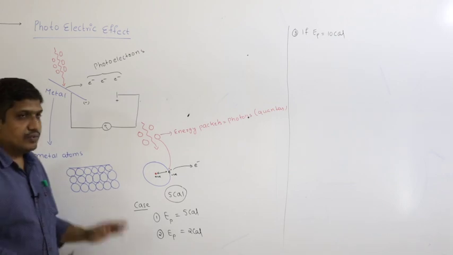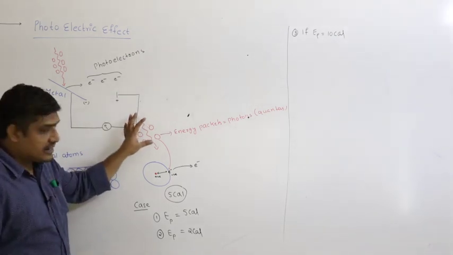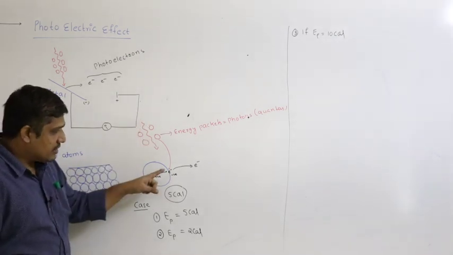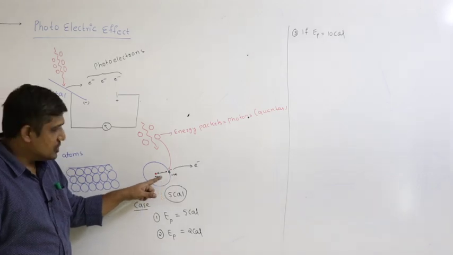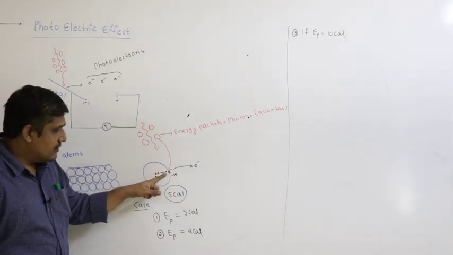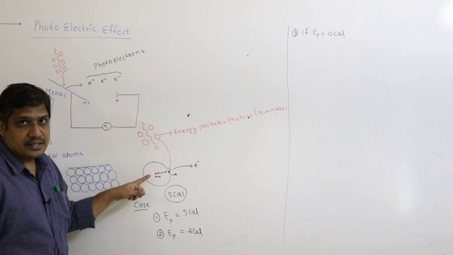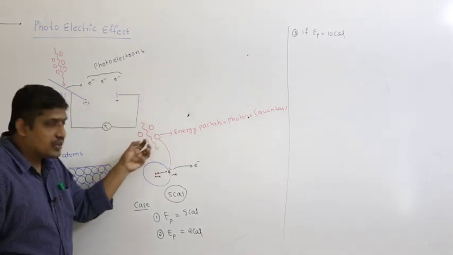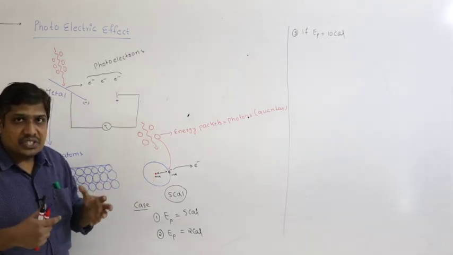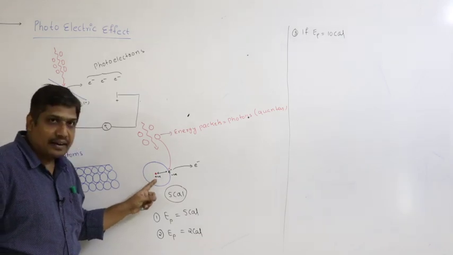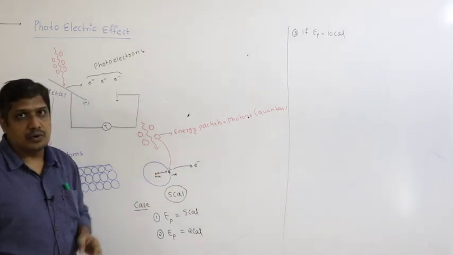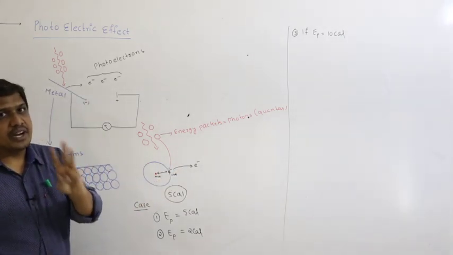So let us recollect what we have studied. We are allowing light radiation to fall. What happens? The valence electron, which is loosely held by the nucleus, which is under the influence of the nucleus, will absorb the photon. If it gains sufficient energy to overcome nuclear attraction, then only it will come out. We have studied the same thing in 3 different cases.